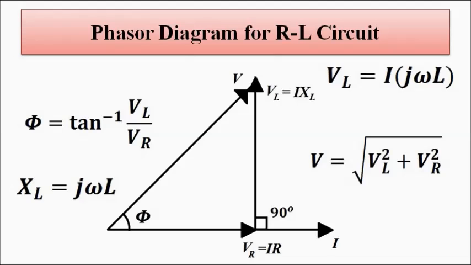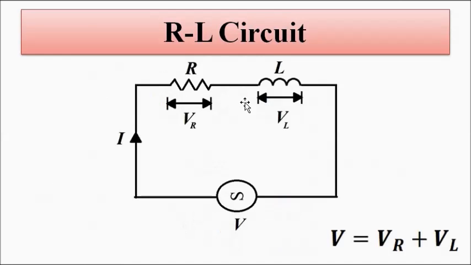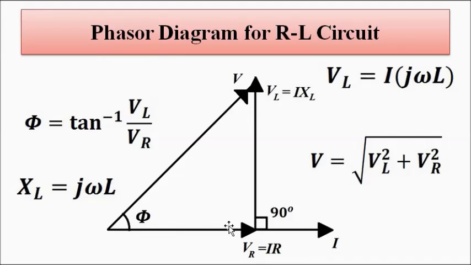Here we have connected an inductive load across the secondary winding, RL plus jXL. The output voltage V2 and the secondary current I2 will follow a similar pattern.